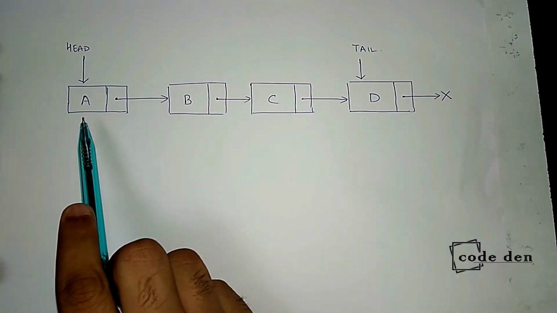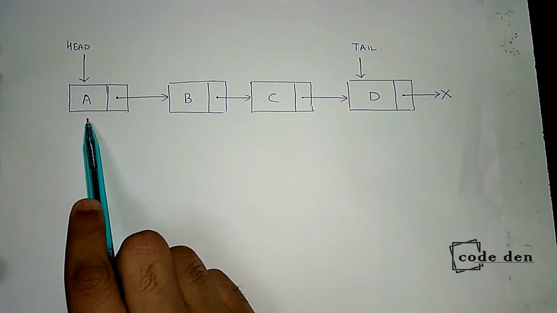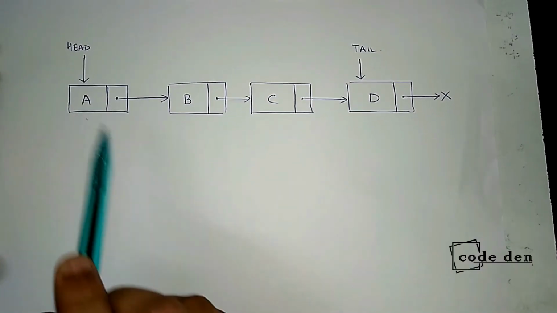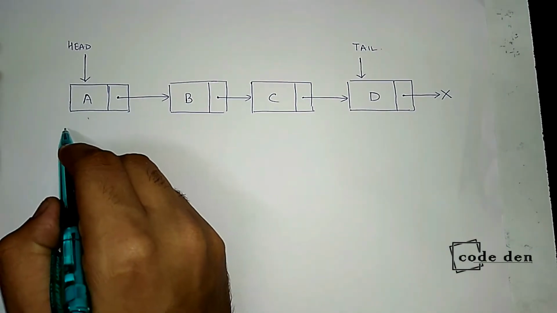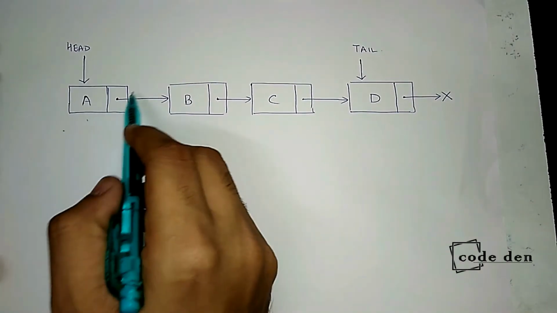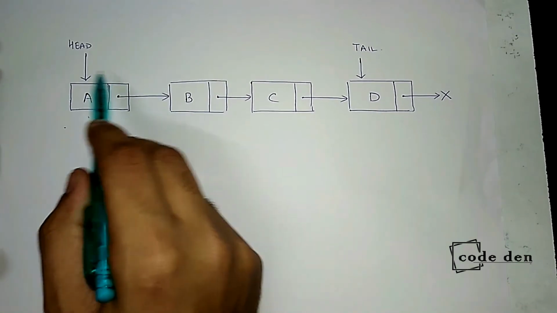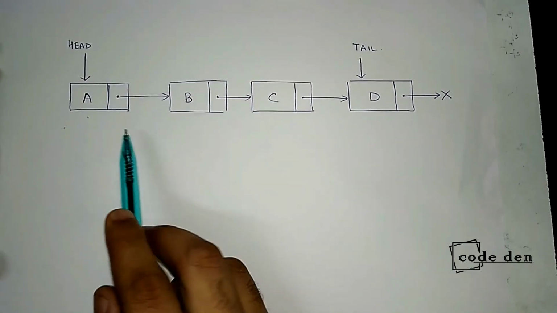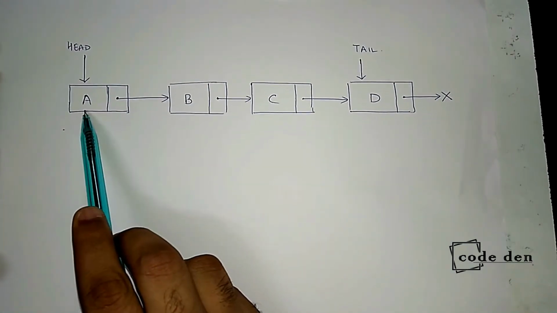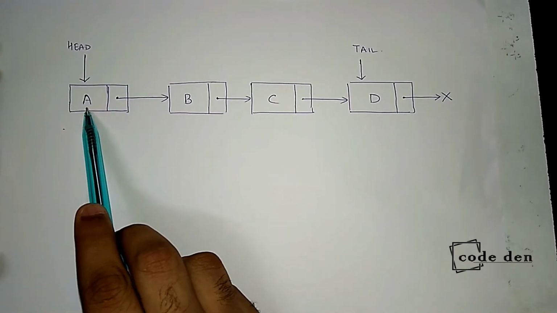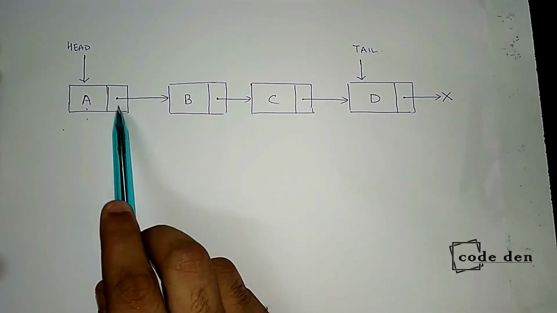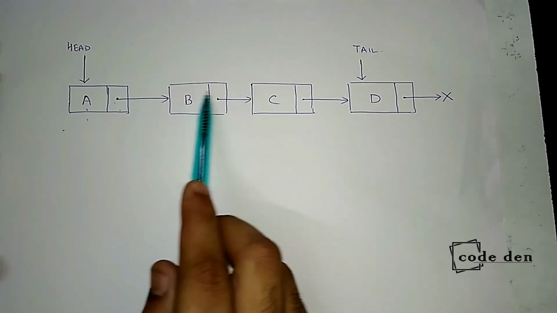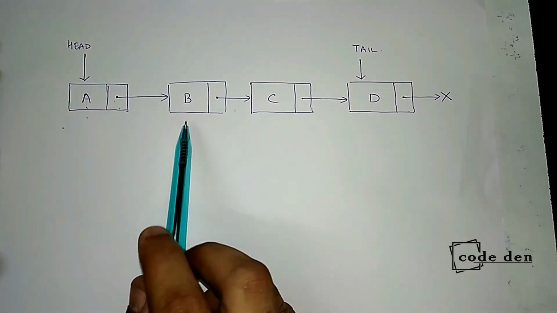These are the different nodes of the linked list. This is the first node and it is pointed by the head pointer. Each node contains two sections, the one containing data, and the other section containing pointer, for storing reference to the next node. Each node points to the next node in the sequence.